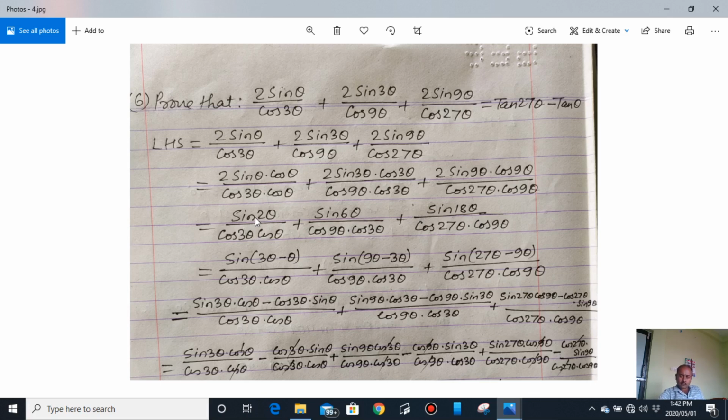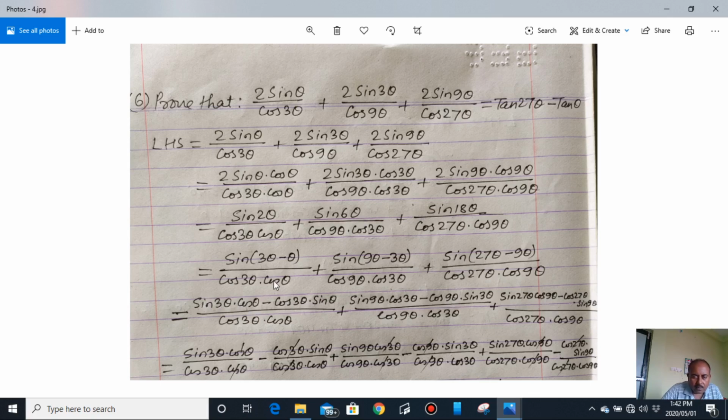Now sin 2 theta can be written as 3 theta minus theta. 6 theta can be written as 9 theta minus 3 theta. And 18 theta can be written as 27 theta minus 9 theta. Now apply the sin a minus b formula in all numerators: sin a cos b minus cos a sin b. Here also the same formula.